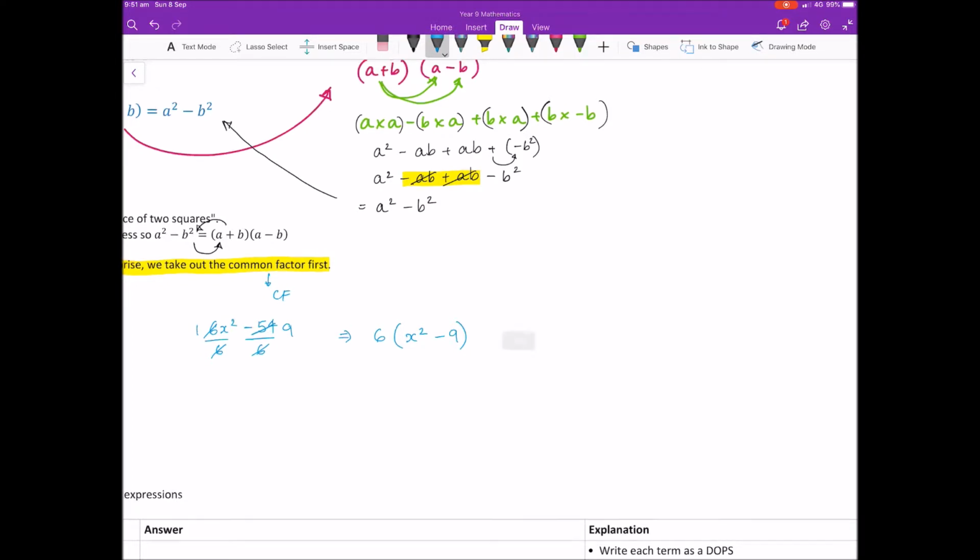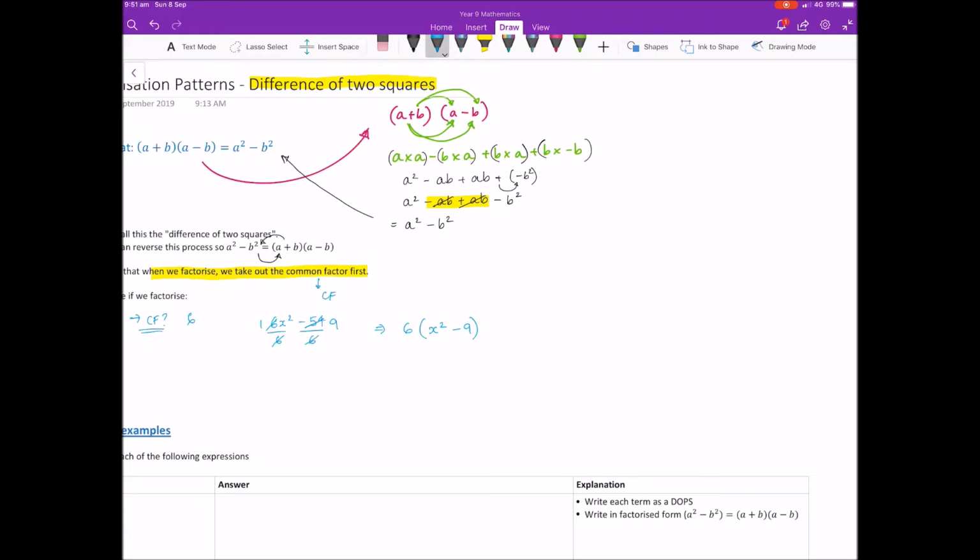So does it actually take on the form of a difference of two squares? The answer is yes, because if we look at the number 9, 9 is a perfect square. If we square root that, we get 3, so 3 squared is 9. To make sure that it takes on the form that we're accustomed to seeing, we're going to write 6 times x squared minus 3 squared.